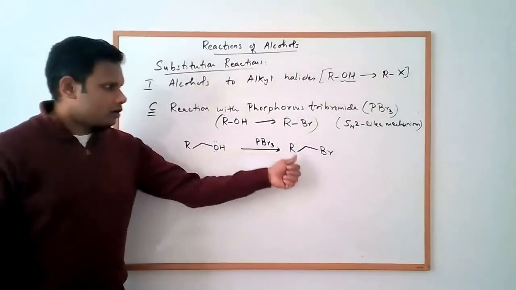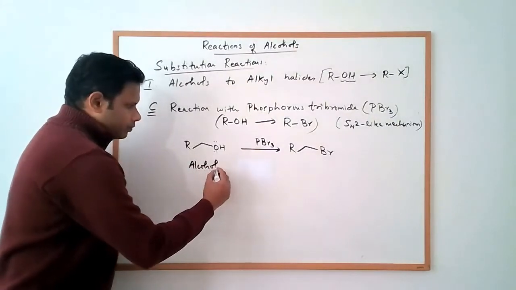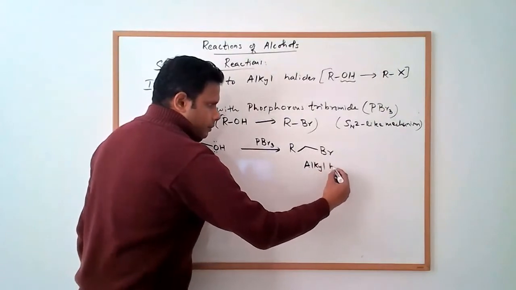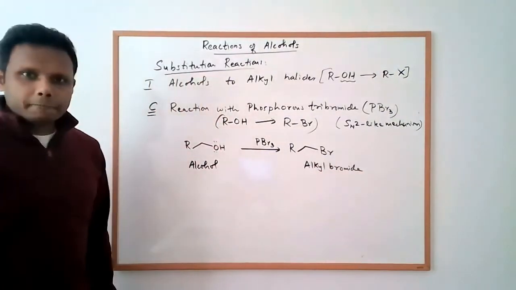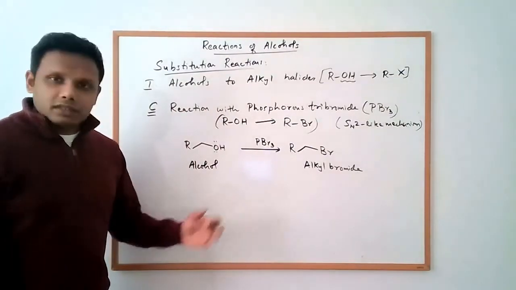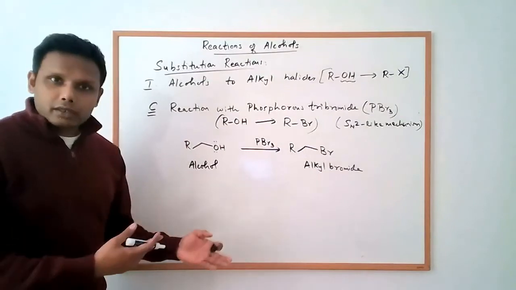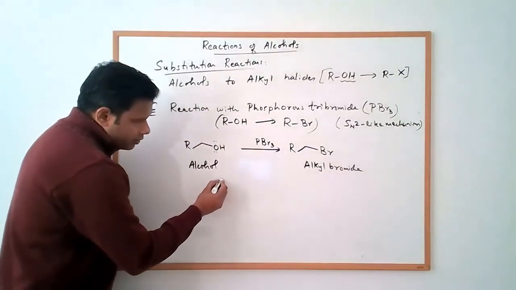Okay, so the alcohol is converted into an alkyl bromide. The mechanism of this is simpler compared to the thionyl chloride reaction, but follows a similar sequence of events.